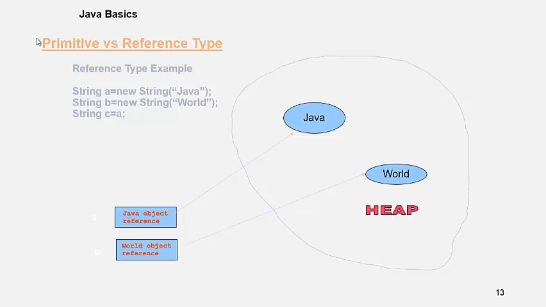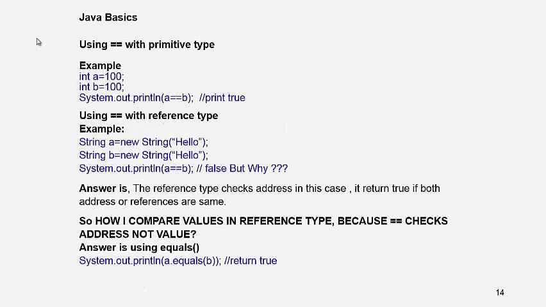So c will not return you the value of the object, that is Java, but it will give you bits that represent a way to get to that Java object. Like a has the bits for getting the Java object, now c will have the bits to get to the Java object. Like c will point to the same object as a is pointing. Like this. Okay? This is a very good example differentiating both primitive and reference type.